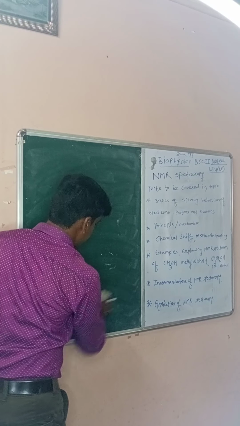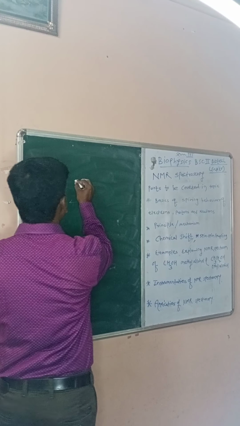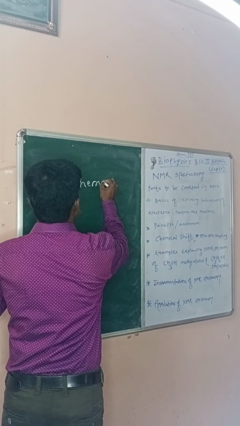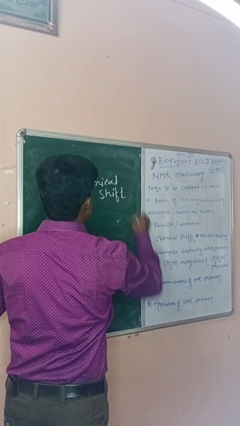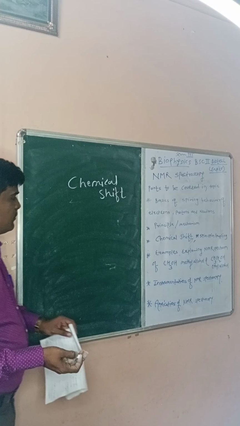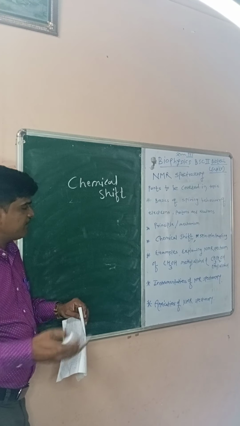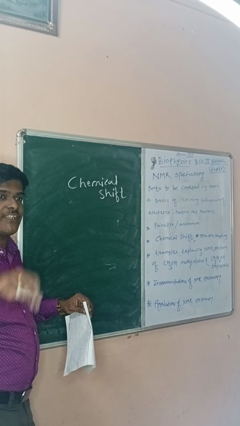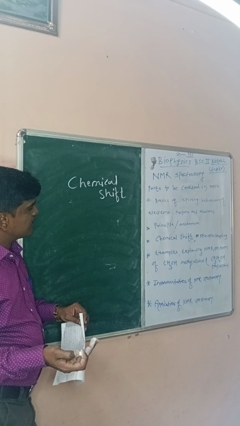Now the next very important point in NMR spectroscopy is called chemical shift. Chemical shift depends upon the surrounding environment when the molecule is under study, what type of other biomolecules or different molecules are present in the vicinity of the compound we are using for the study.